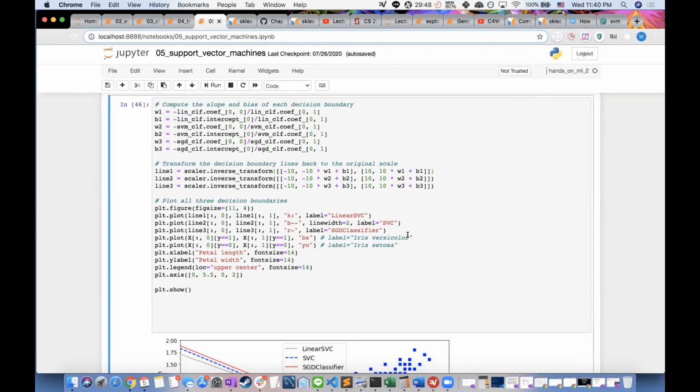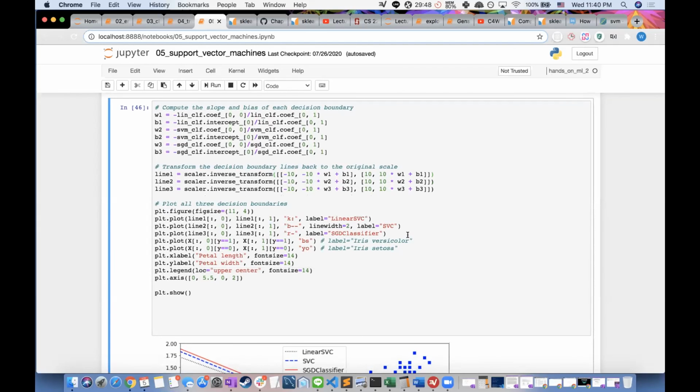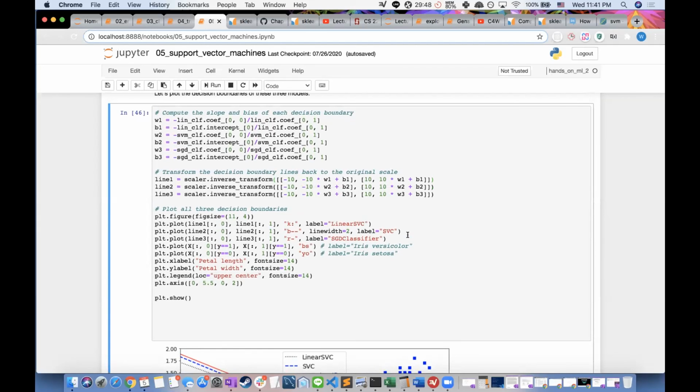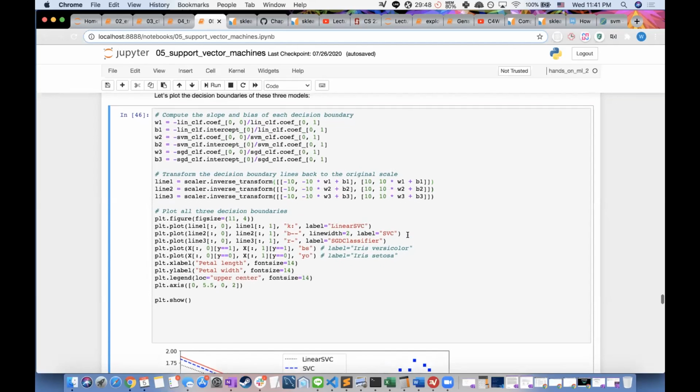Right. My answer had more to do with the inverse transform: since we have transformed the data by scaling it, he's taking it back to the original. Otherwise he can't say petal length and petal width, because now we have normalized, right? We have scaled. So he's doing that in order to plot it in the original dimensions.